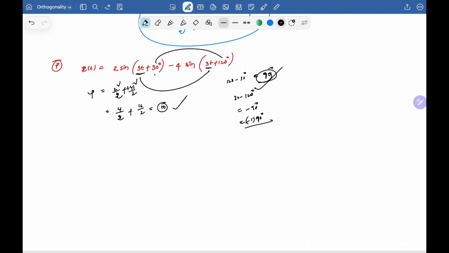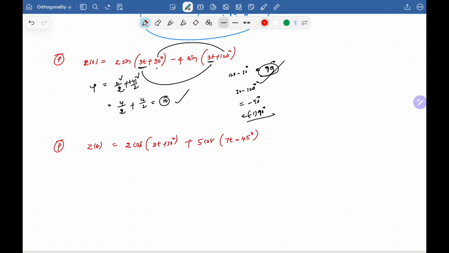This is fine. Okay, let us look into a question where it is in cosine function. The question is 2 cos 3t plus 30 degrees plus 5 cos 70 minus 45 degrees.